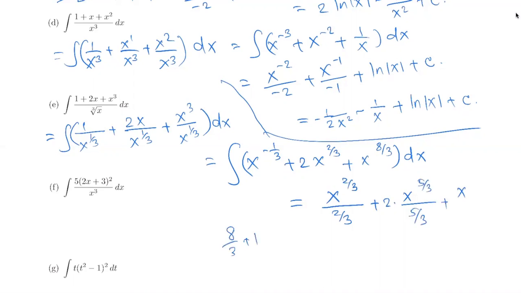So 8/3 plus 1, 1 is always 3/3. So 8/3 plus 3/3, 11/3. So this is how I'm working it out. Plus c. You may leave it here.